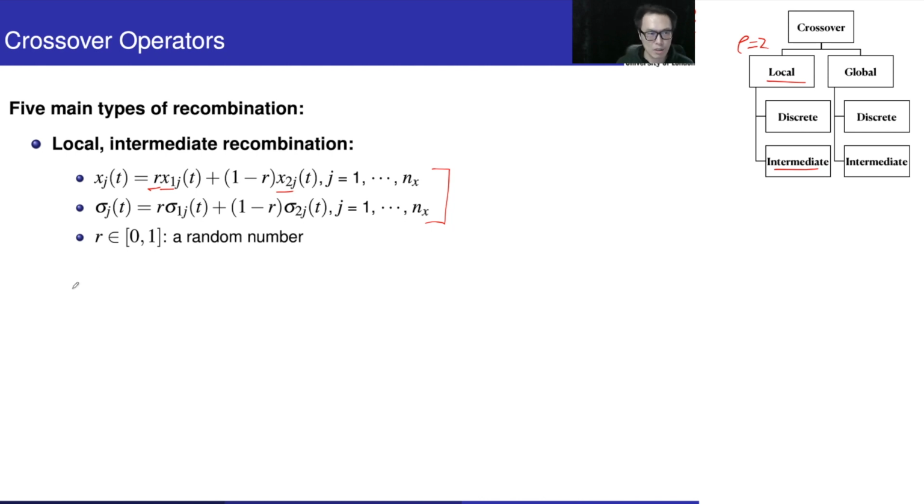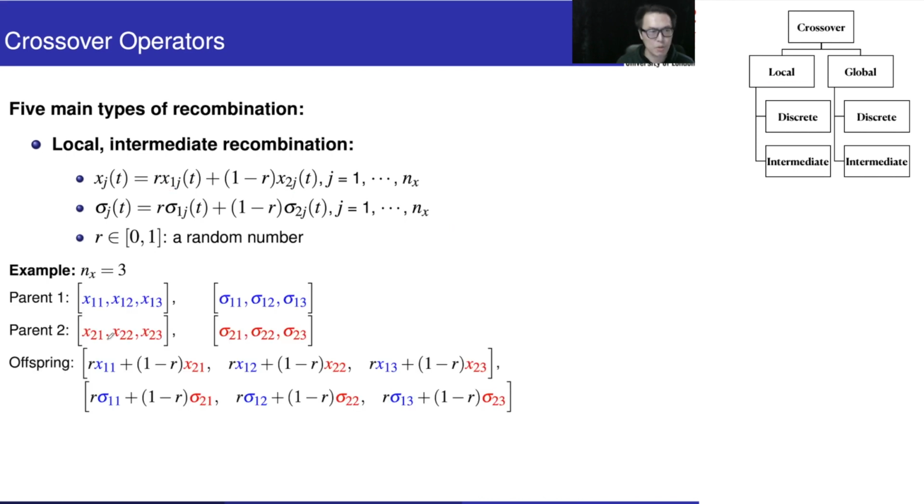So an example right here. In the population, we randomly pick 2 parents, parent 1 denoted by the blue color, parent 2 denoted by the red color. According to this equation, the first thing we do is generate a random number R. This random number R could be the same for all positions, or in each position you generate a new random number.